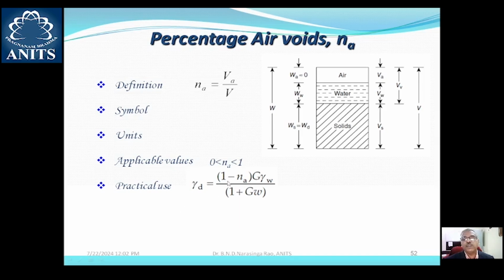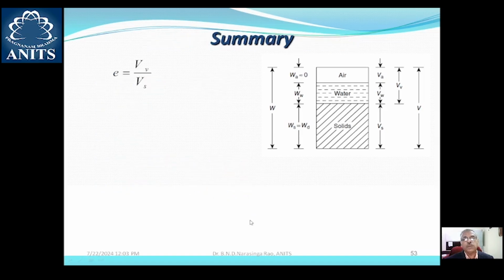Compaction is considered most effective when percentage air voids is equal to 0. That's why there is a relationship between the dry density and percentage air voids as gamma D equal to (1 minus Na) G gamma W by (1 plus GW).